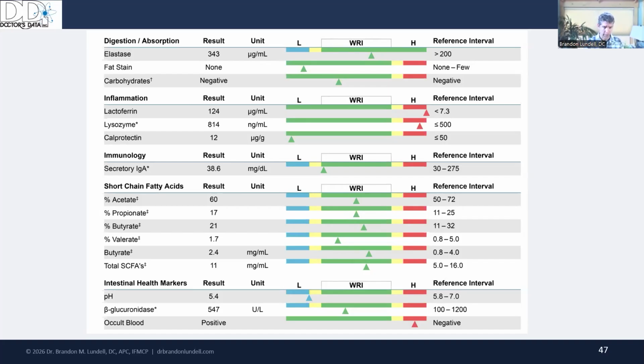So, very important. Now, lactoferrin: Doctor's Data has a couple of really good videos that go into the difference of each of these. What I'll tell you is that if lactoferrin or calprotectin is high, you're likely looking at some irritable bowel disease. If it's just one of them, calprotectin is probably the most serious of all of these. If calprotectin is elevated, then that's almost pathognomonic for an irritable bowel disease.